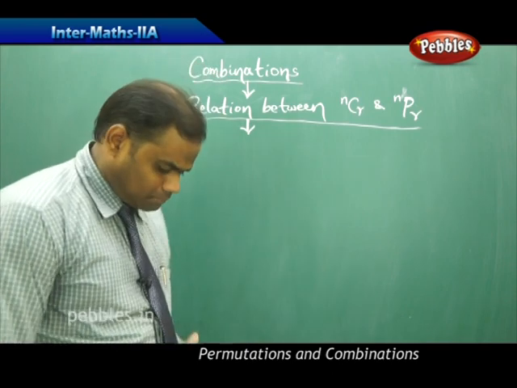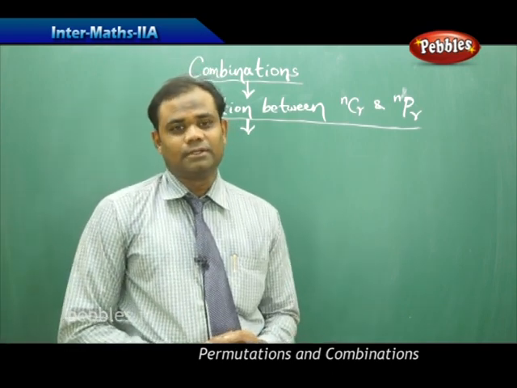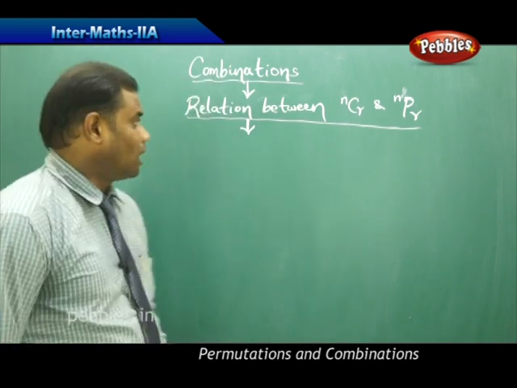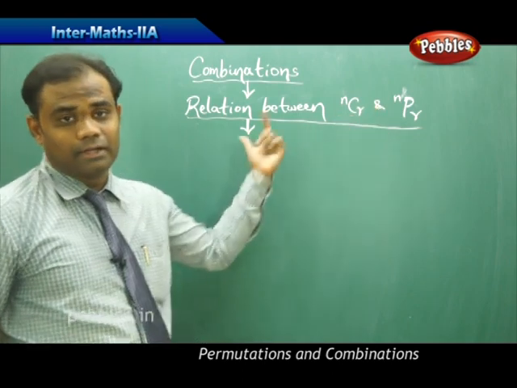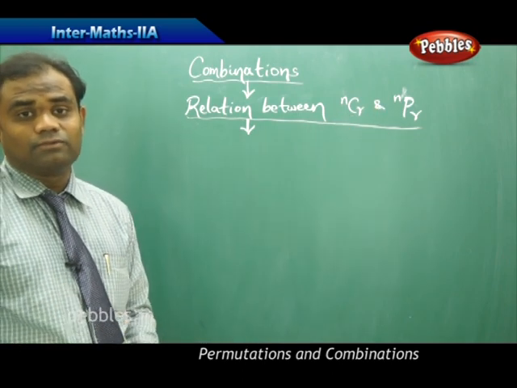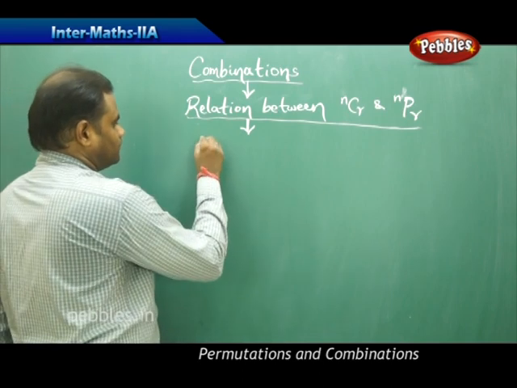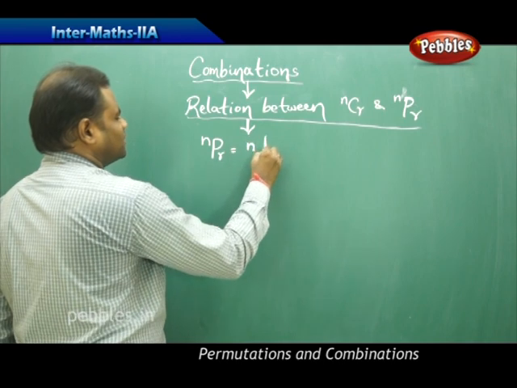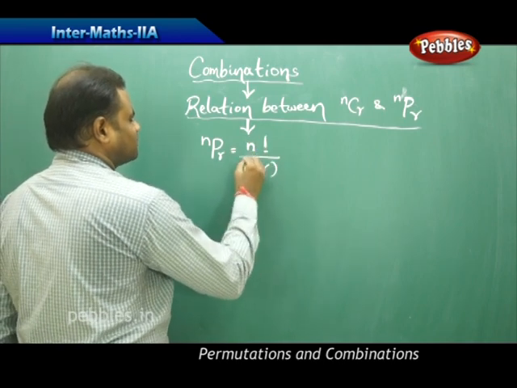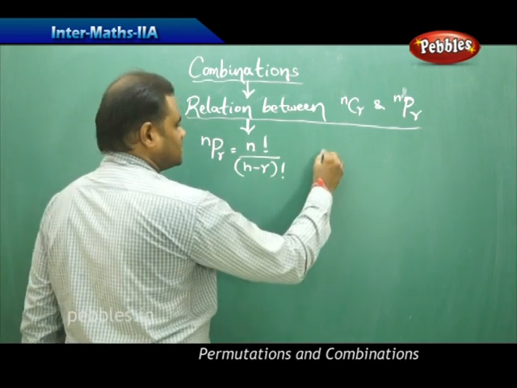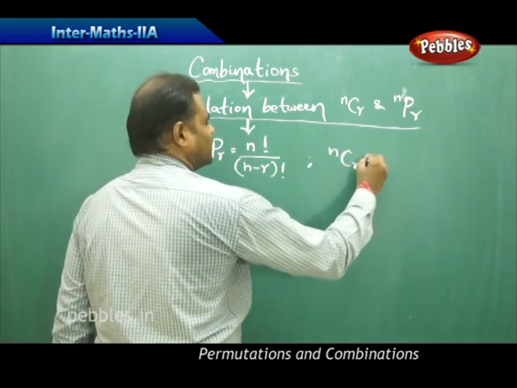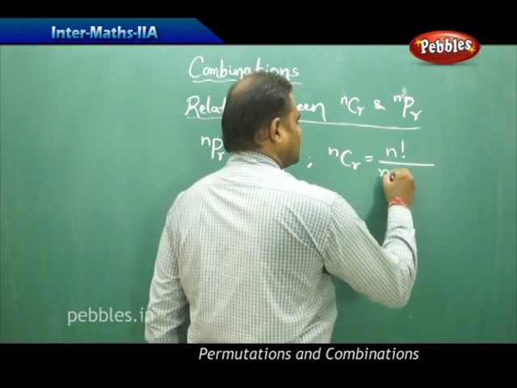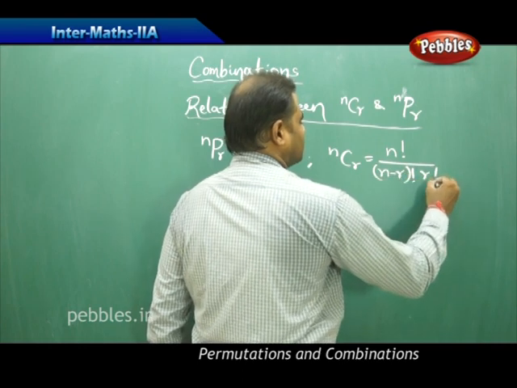Now that we have derived the formula for nCr and nPr, let's see how nPr and nCr are related through their respective formulae. So we have nPr, which is defined as n factorial by (n minus r) factorial, and nCr, which is derived to be n factorial by (n minus r) factorial times r factorial.